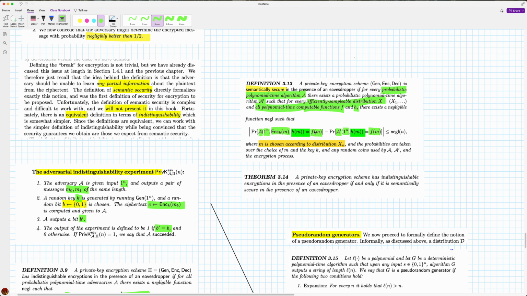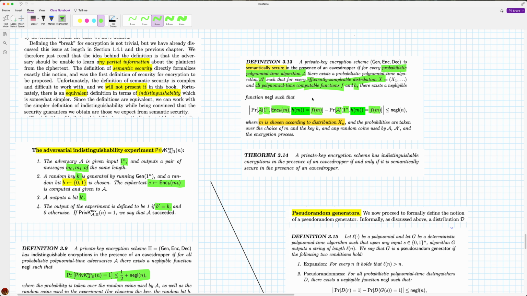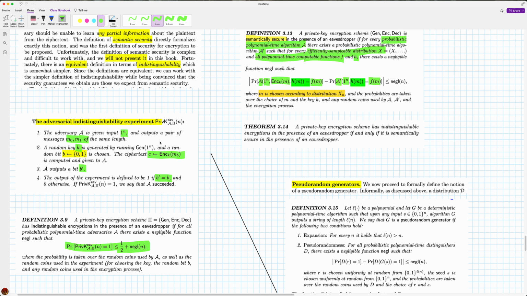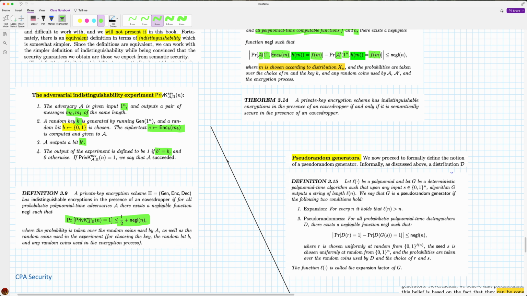So for example, if f(m) is a constant function, obviously any algorithm A can predict what the output of f(m) would be, but so can A prime without having to use the ciphertext. So that is the semantic security definition, and it turns out to be equivalent to the indistinguishability based definition. Okay, so that was one thing I wanted to mention.